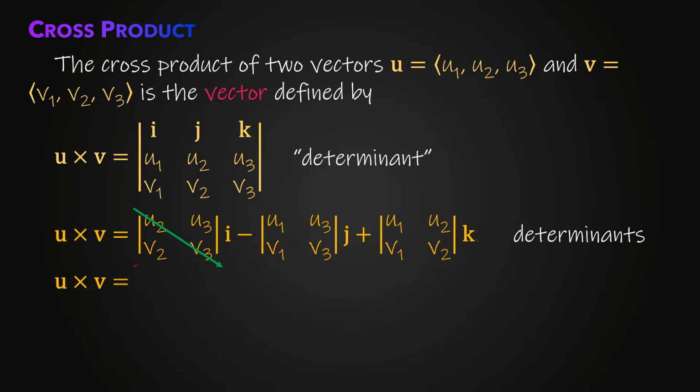Finally, after calculating these actual determinants, the result is the final equation for the cross product of two vectors.